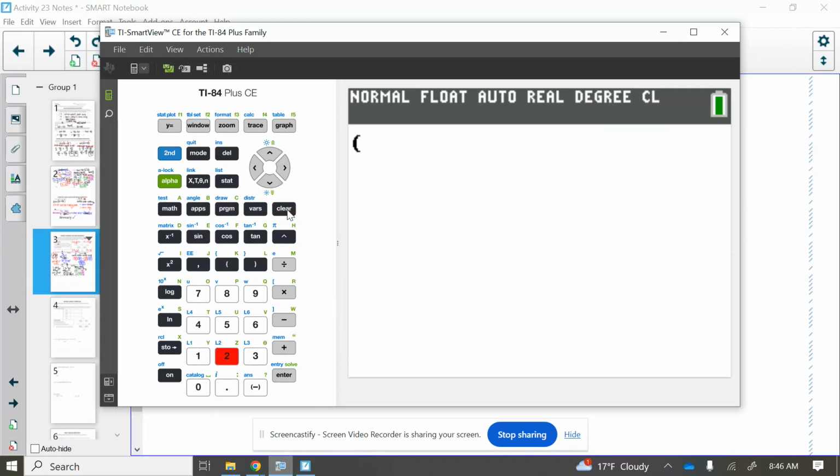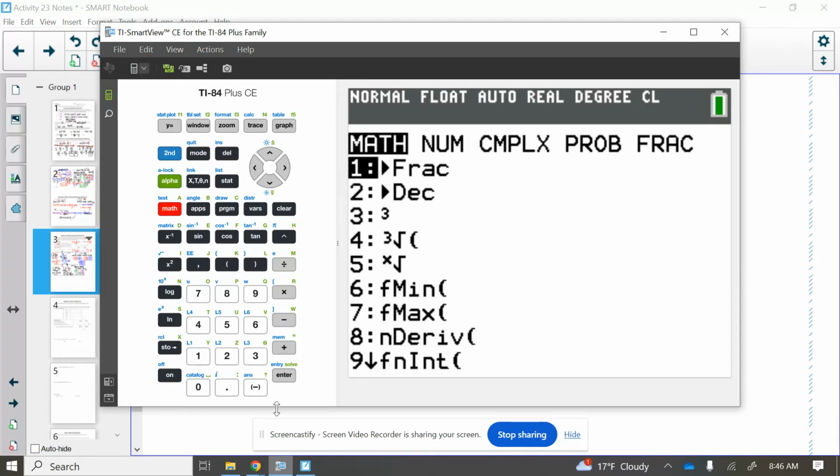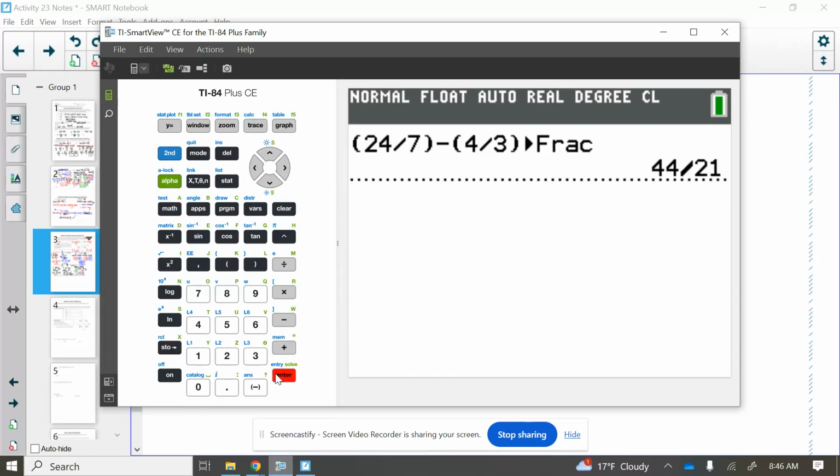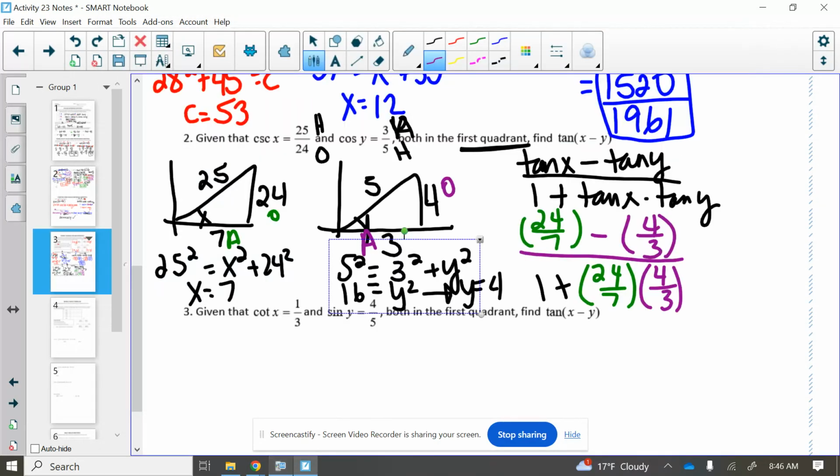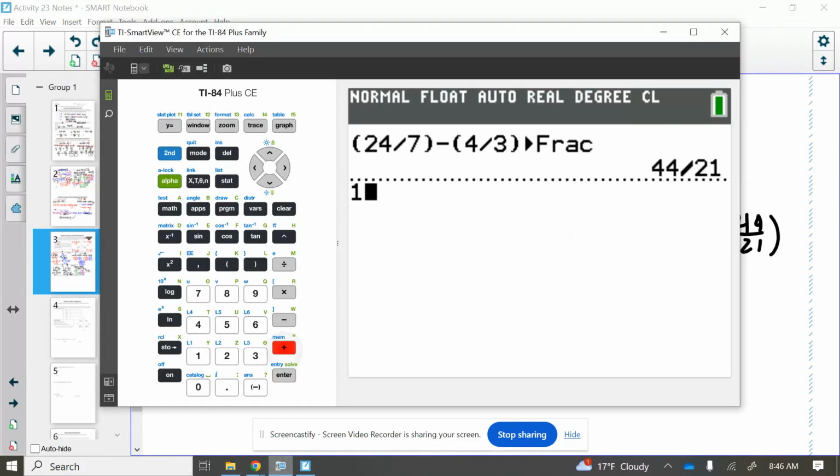I like to do it as 2 steps. I like to do the numerator first, 24 sevenths minus 4 thirds. Math, enter that to make sure I get it as a fraction. I get 44 over 21 on the top. And then on the bottom, again, I'm going to just type this in. 1 plus 24 over 7 times 4 thirds.